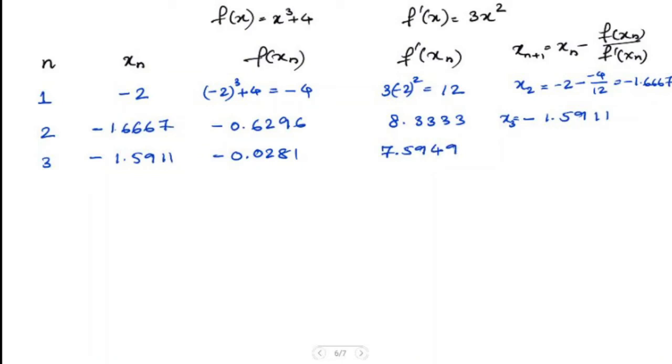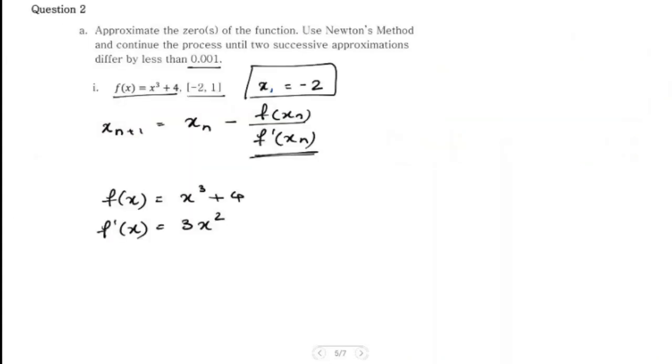And then for x4, we'll get the value -1.5874. So again, we need two successive results of Newton's method to differ by less than 0.01.